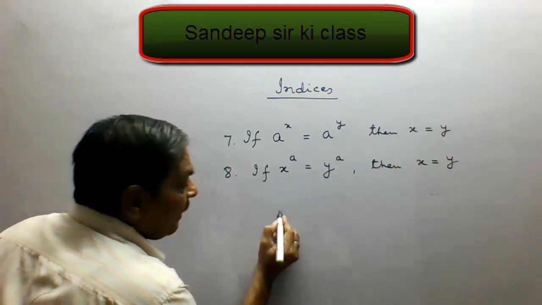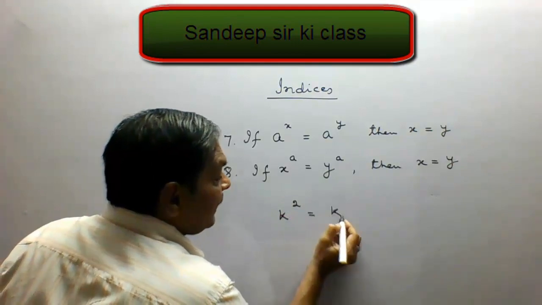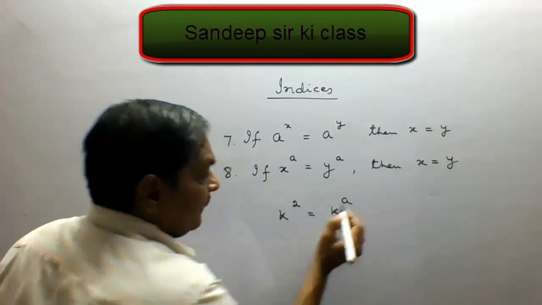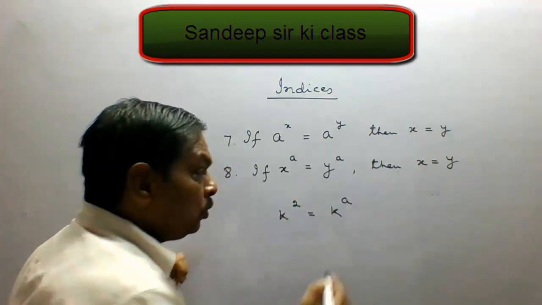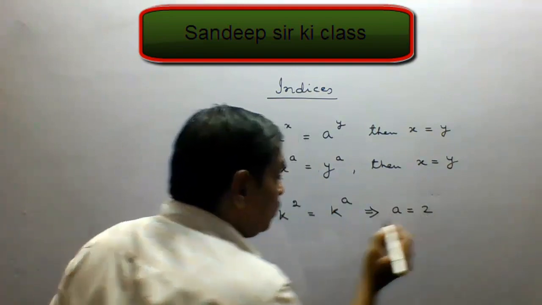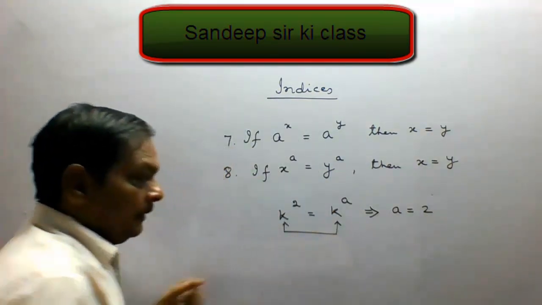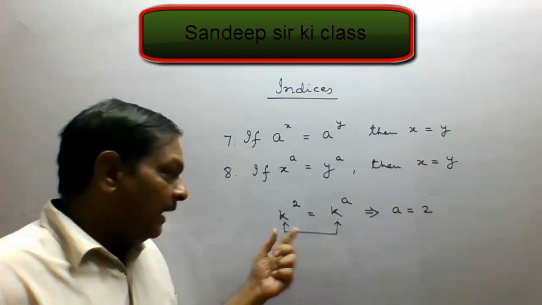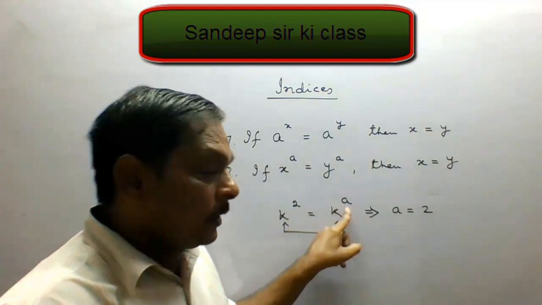Suppose we have k raised to the power 2 is equal to k raised to the power a. Then the value of a will be equal to 2. This implies a will be equal to 2. Here base are same. Left hand side and right hand side have base as k, so powers 2 will be equal to a.